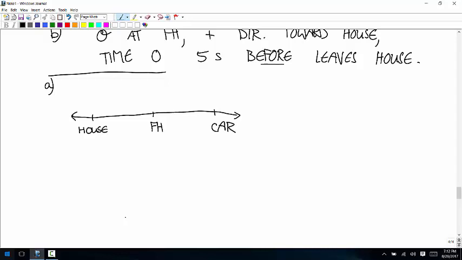No matter what we choose for zeros and positive directions, that's just being chosen by the observer. That doesn't have anything to do with what he does. So what he does in any case is just go from the house to the fire hydrant to the car and back to the fire hydrant. And we know it takes 5 seconds to get from here to here, 5 seconds to get from the fire hydrant to the car, and 5 more seconds to get from the car back to the fire hydrant.